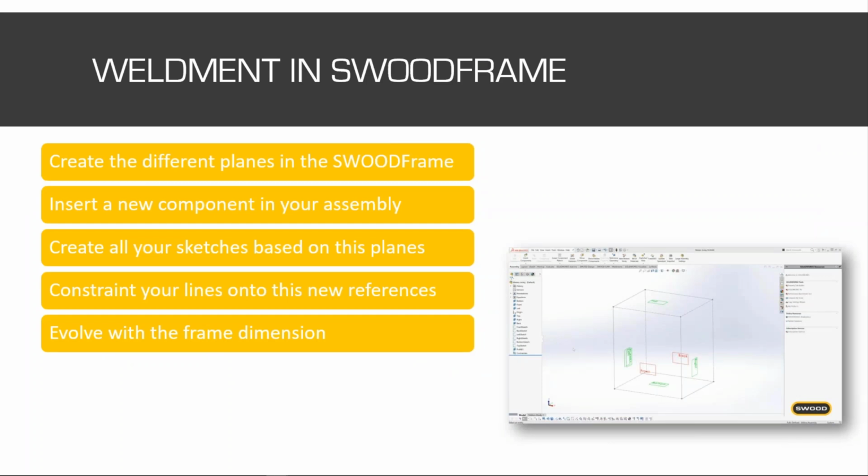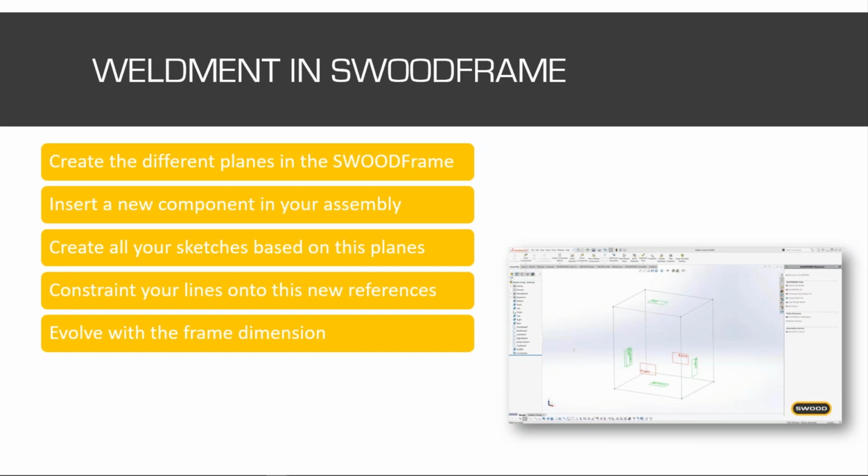After these few lines, we will see a short video showing how to create these WELDMENT features with SWOOD. To do that, you have to create different planes in your frame, and then in the assembly, you insert a new component, a new part in fact.